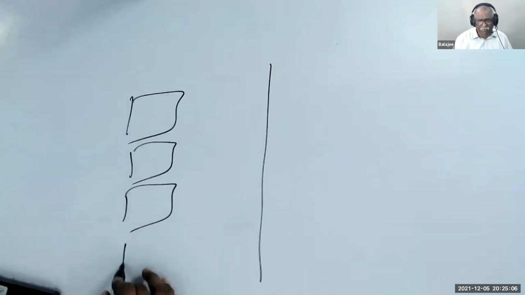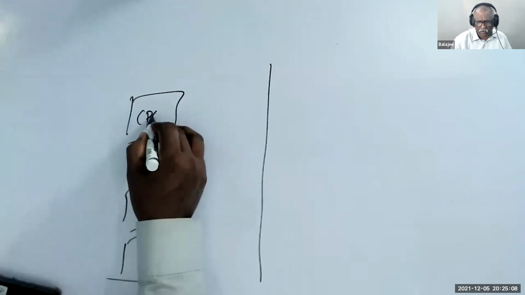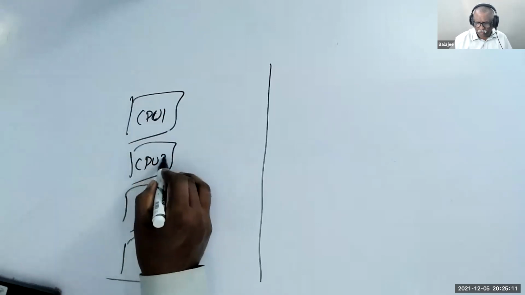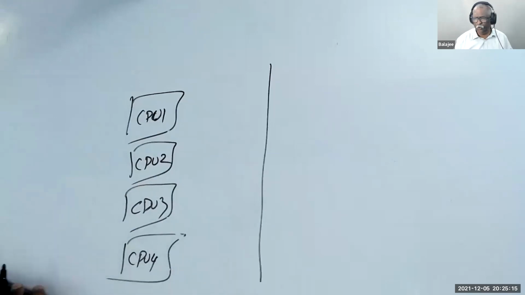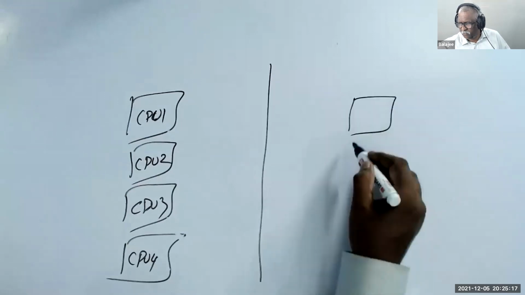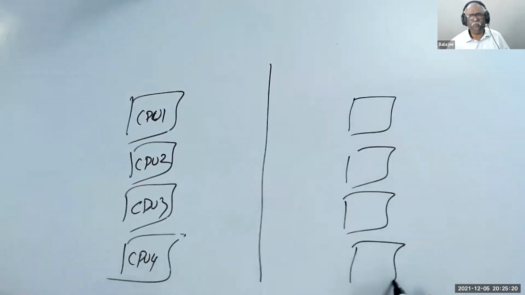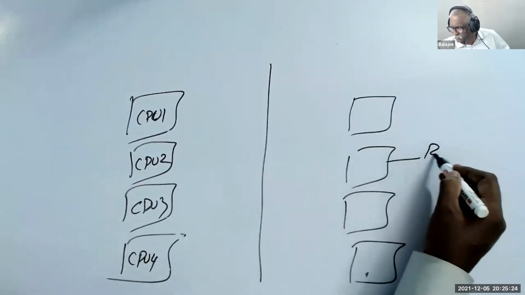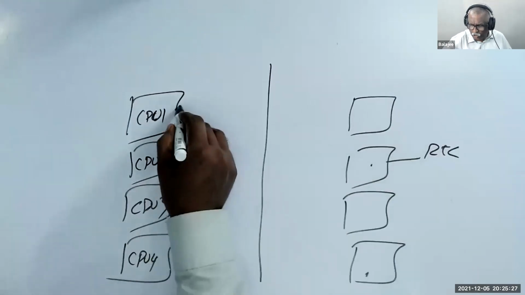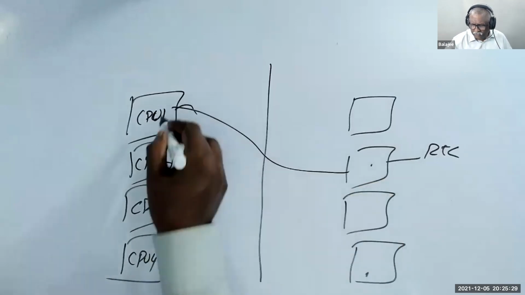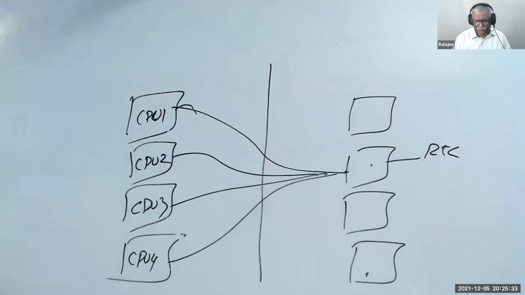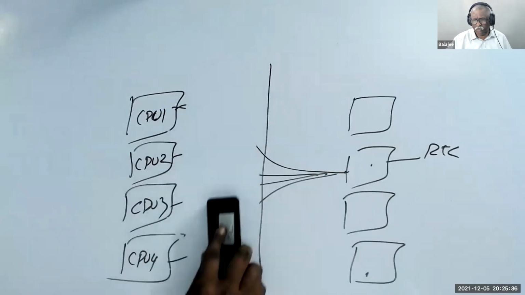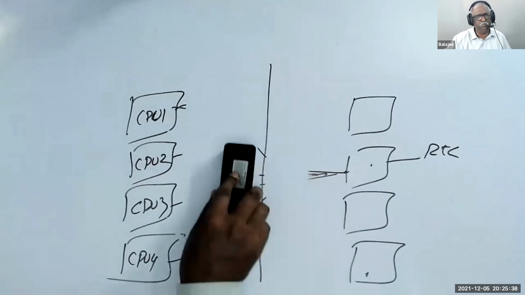I may have CPU 1, CPU 2, CPU 3, CPU 4, multiple CPUs and multiple controllers. Say this is the RTC, there's one RTC. This guy also wants to read the RTC, this guy also wants to read the RTC. All four want to access the RTC. Then it's a problem.